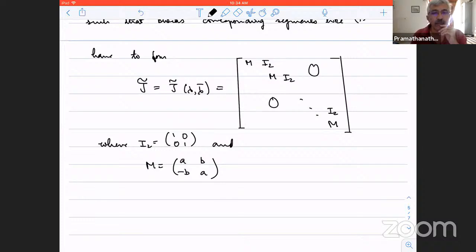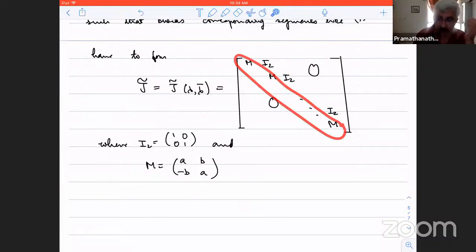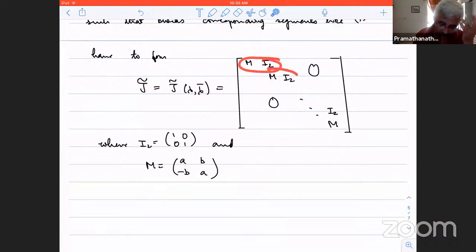So now your Jordan blocks look a little different. They don't look as neat, but they still look like a canonical form where you think of this identity matrix as 1, and you think of this as some kind of generalized eigenvalue, except it's a 2 cross 2 matrix. So these are 2 cross 2 matrices.